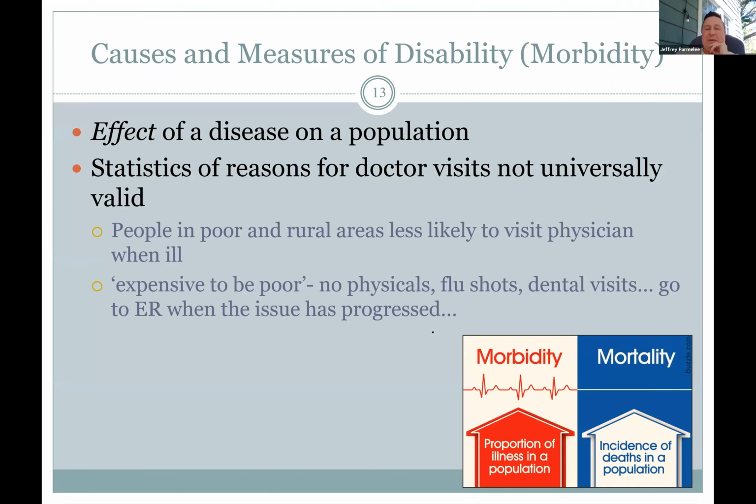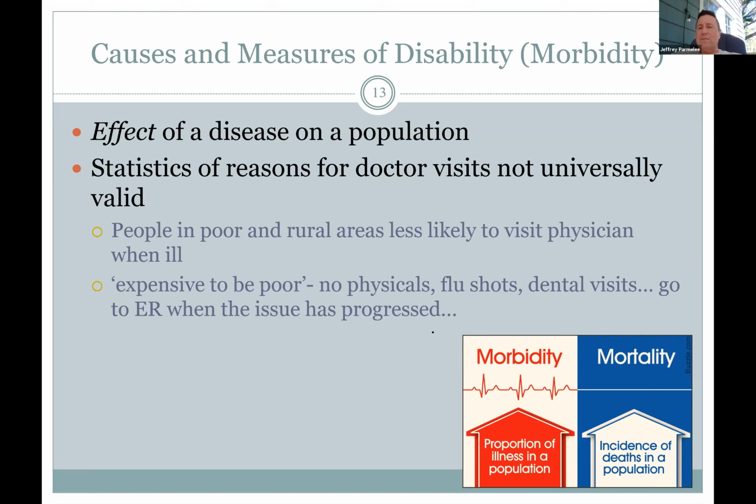Right. But there are issues with looking at this data, why people make a doctor's appointment. Even in one of the richest nations in the world, there's a huge disparity between the haves and the have-nots. I'll have a couple slides here to talk about how being poor sets you up to be more likely to have morbidity and mortality as well.